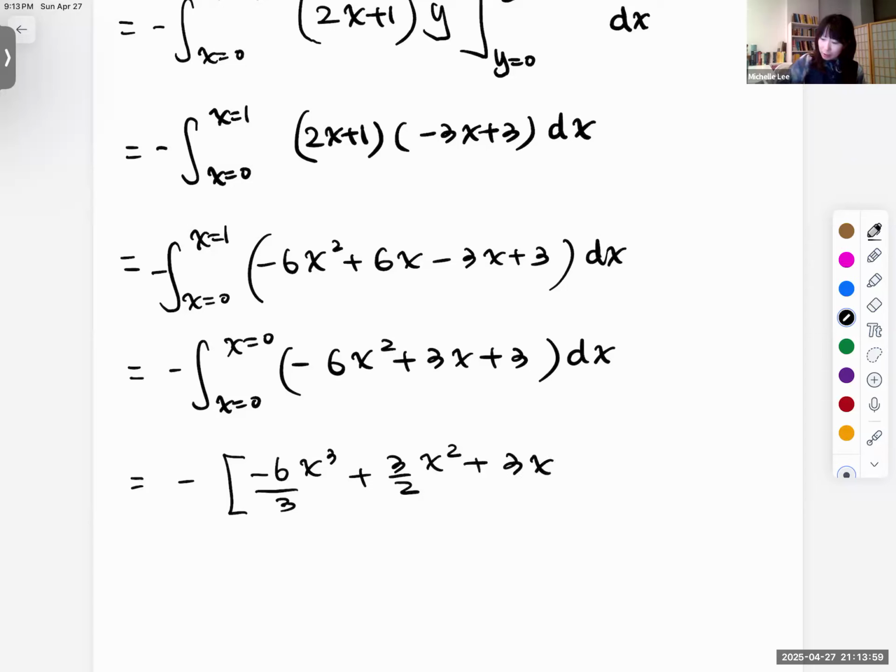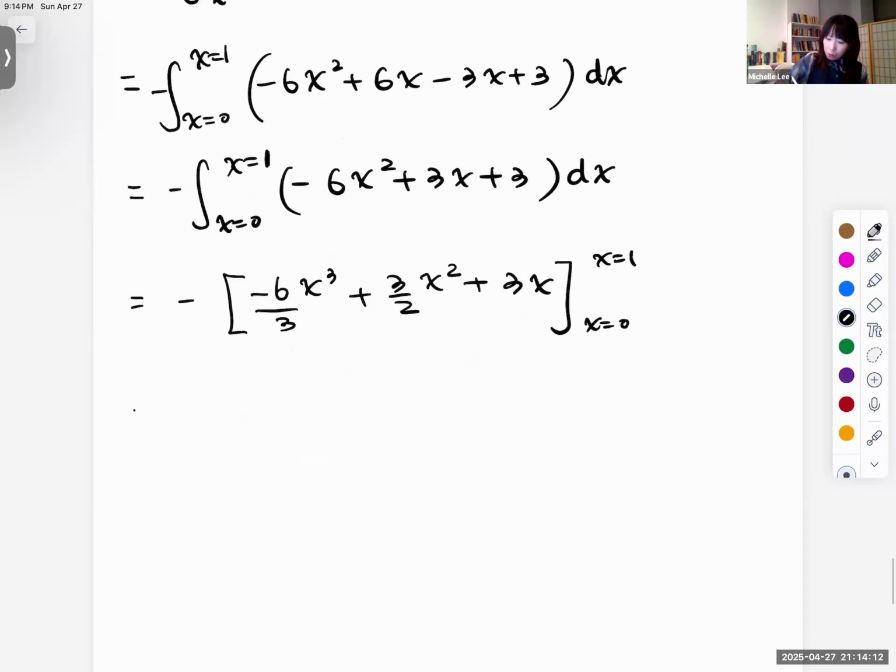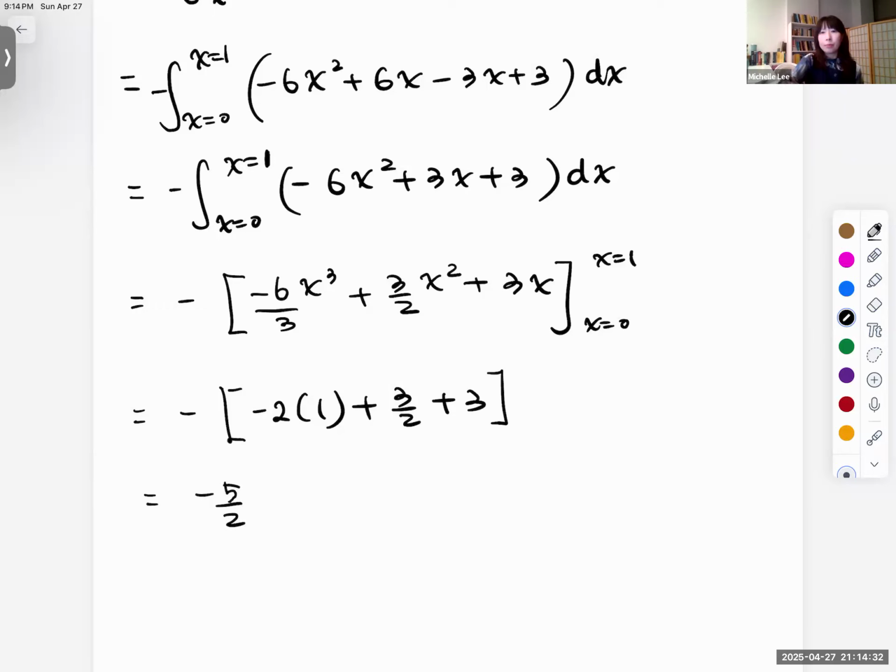Oh my gosh, I made a mistake here. The upper limit is 1, not 0. So from x equal to 0 to 1, we will have negative 2 times 1 plus 3 over 2 plus 3. Can you please calculate? Do you get negative 5 over 2? Okay, so we have negative 5 over 2.